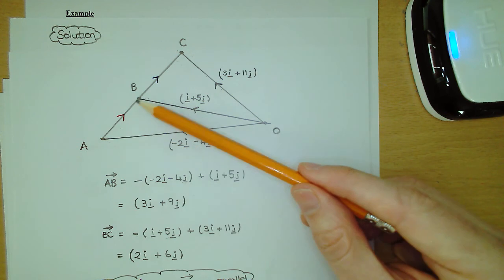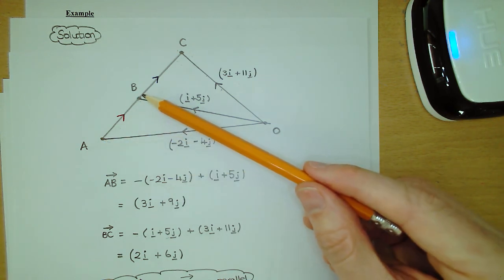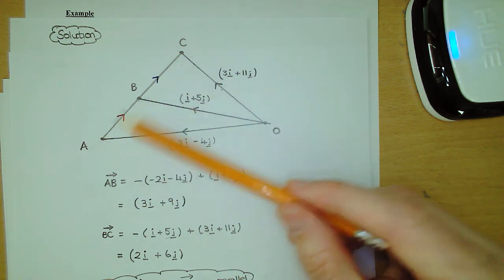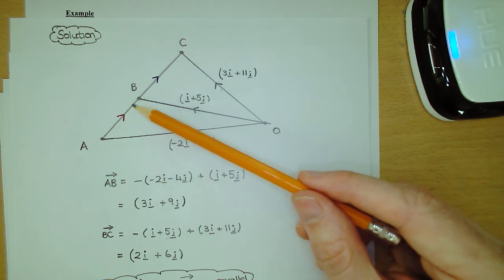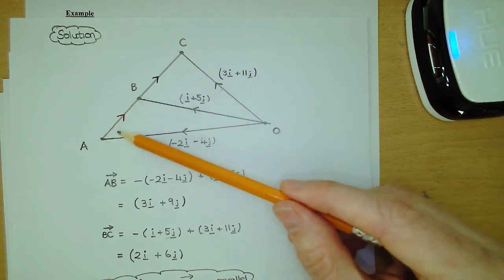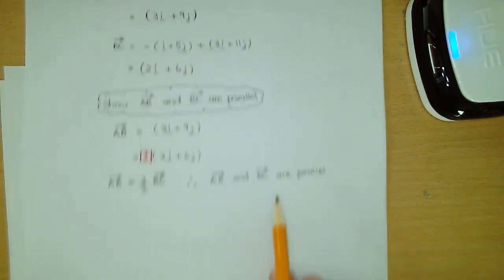Get the displacement vector between point 1 and point 2, get the displacement vector between point 2 and point 3, show that the displacement vectors are parallel, and if they are parallel and they both have the same point on them, well then all 3 points have to be in the same straight line. So that's where we are now.